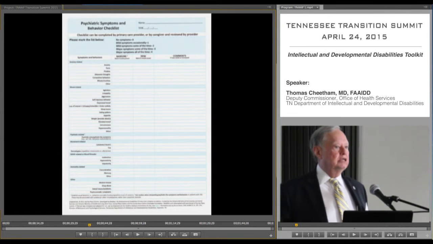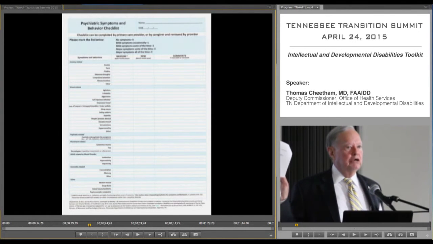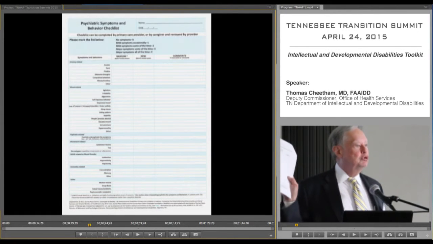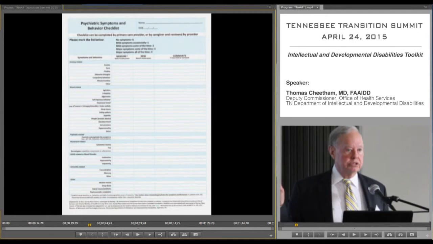Since the Toolkit website has been up, this single tool has been downloaded 90,000 times from over 100 countries, which suggests there's some utility out there for simple tools that can be checklists easily used. I'm not going to tell you about the others.